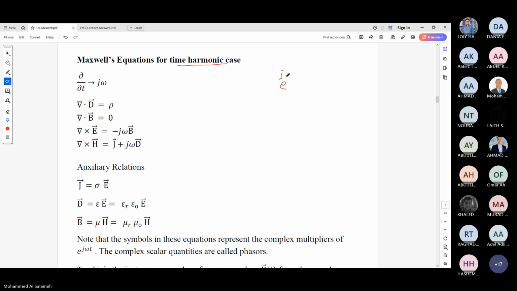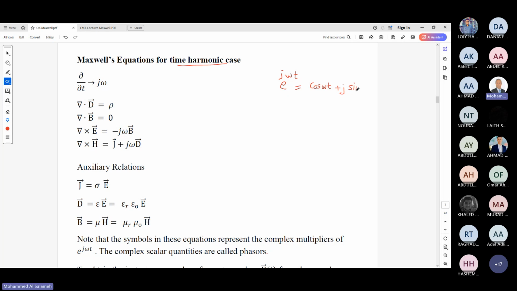I think they call this the Euler formula. So this is cosine omega t plus j sine omega t.